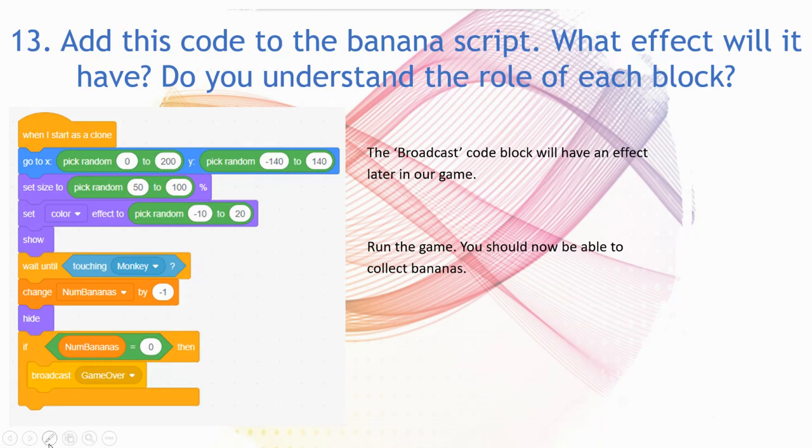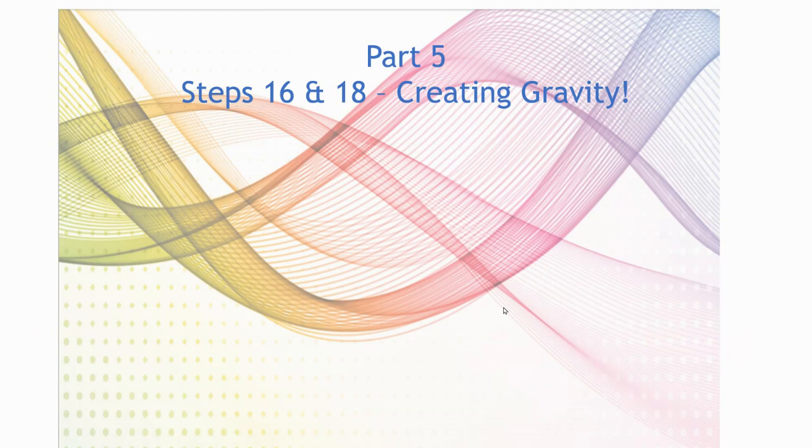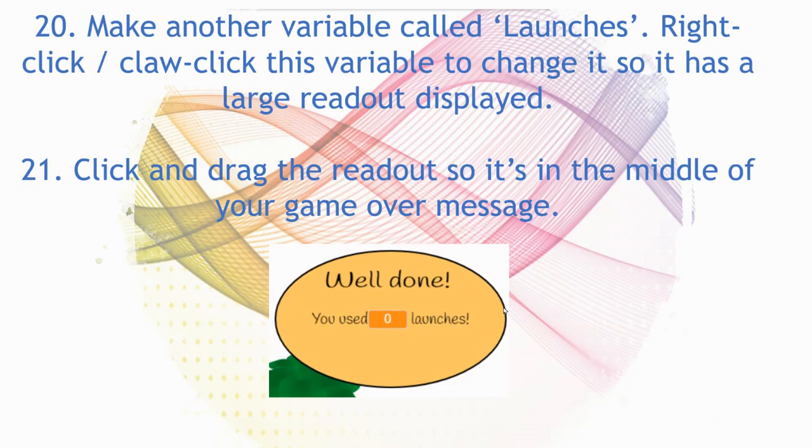We created down here this broadcast game over message when the number of bananas is equal to 0. So when we've collected the bananas, the computer's going to receive this broadcast message internally that says that we're approaching the game over state in our game.